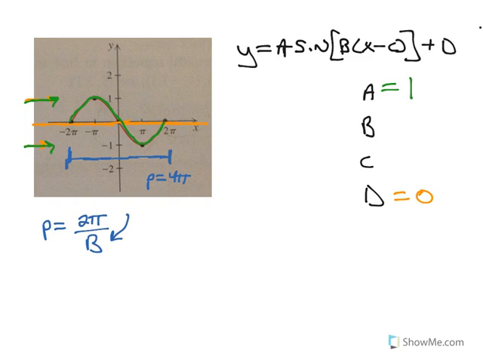So the b is not going to be 4 pi. We know the period is 4 pi. So we'll put that in for the period. And solve for b. So you can cross multiply or multiply both sides by b, however you want to think of it. So 2 pi times 1 is 2 pi, and b times the 4 pi.